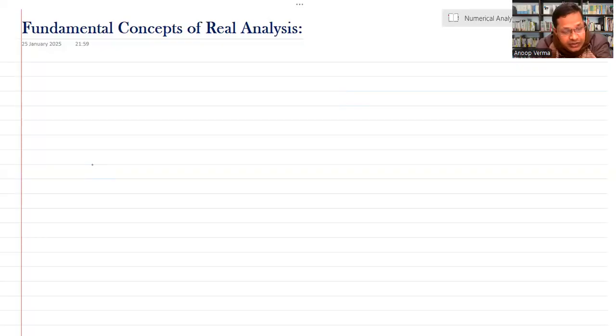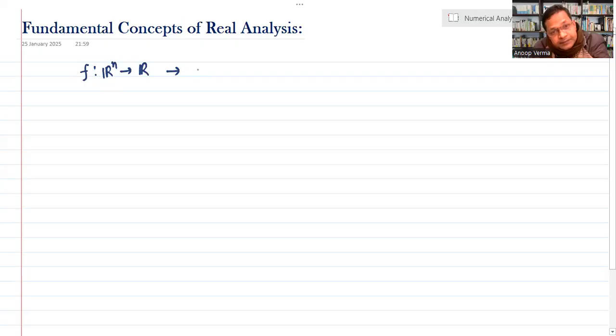If we have a function f from Rn to R, it means an n-variable function, and we need the directional derivative in the direction of u.